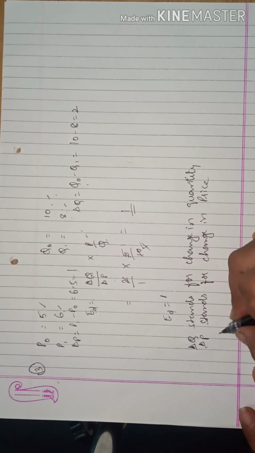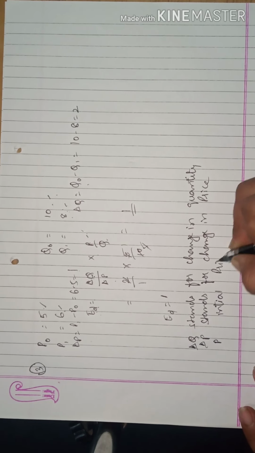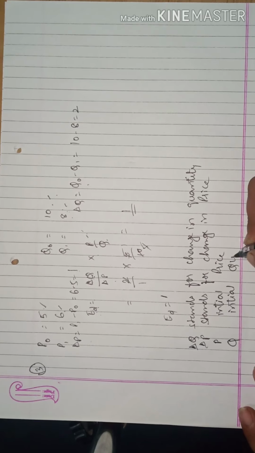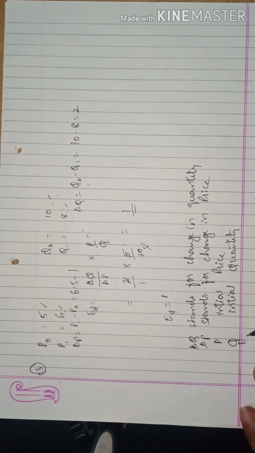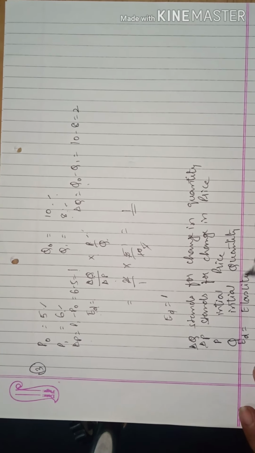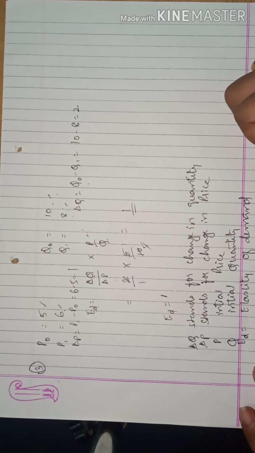Then P is initial price, Q is initial quantity, and ED is elasticity of demand. Do understand, you have to explain everything to the examiner. So you will make this checklist.